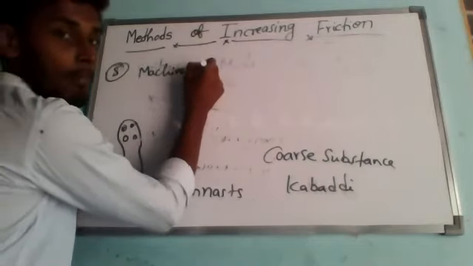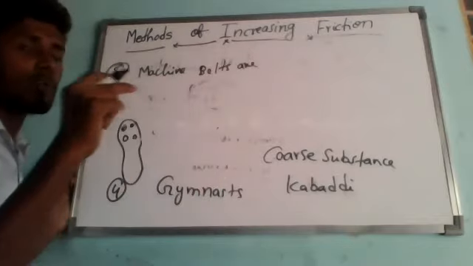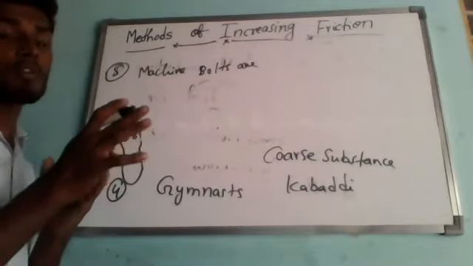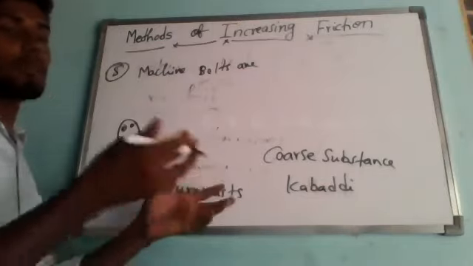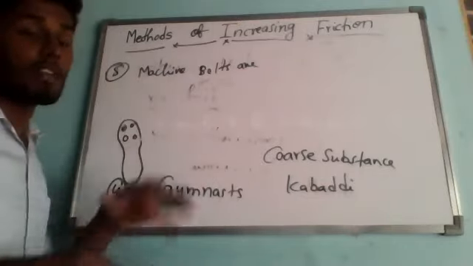So machine belts are made of a kind of plastic that is very rough. If not, when the pump and wheels are rotating, the belt will come out if it does not have a proper grip.